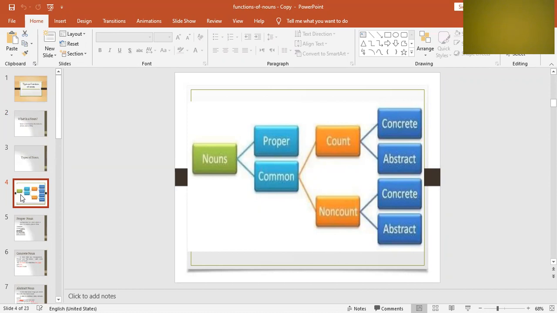Nouns can be proper nouns or common nouns. Common nouns can be count or non-count, countable or uncountable. The count nouns can be concrete or abstract, and the non-count nouns can be concrete or abstract too. Now we will explain these things.